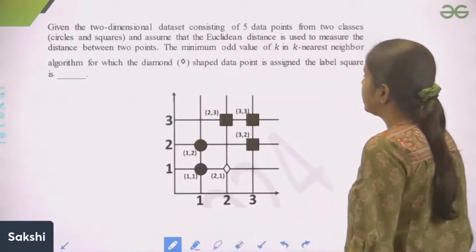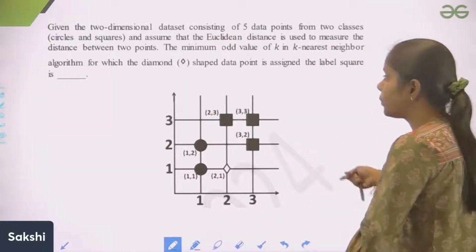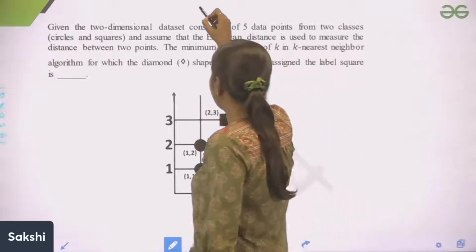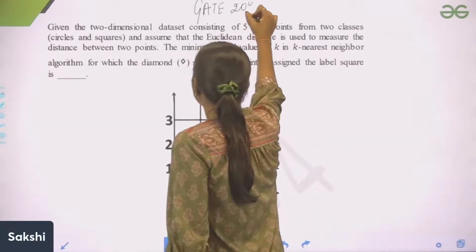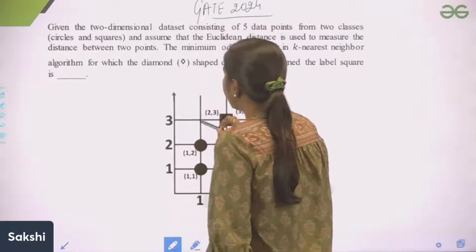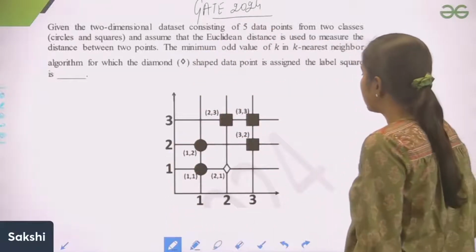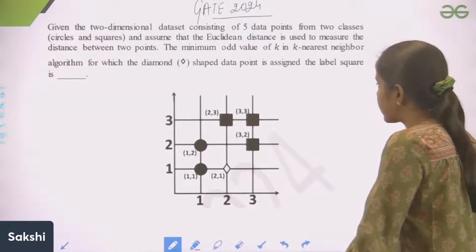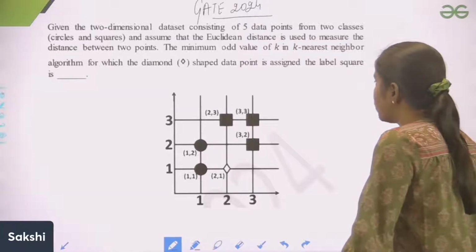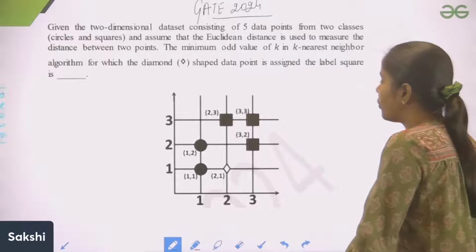Guys, this is a GATE 2024 question. Let me write it down here. Given a two-dimensional data set consisting of 5 data points from 2 classes, circles and squares, assume that Euclidean distance is used to measure the distance between 2 points.